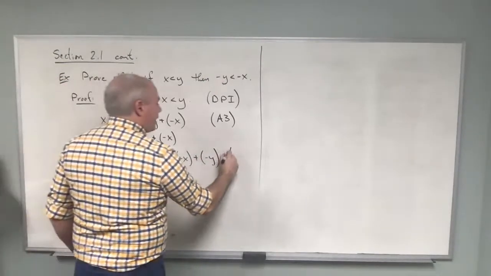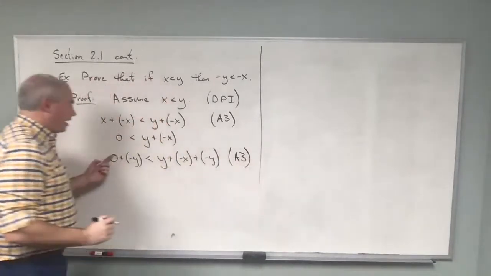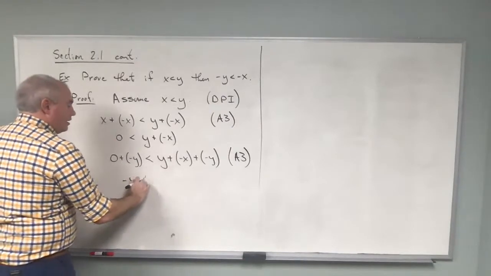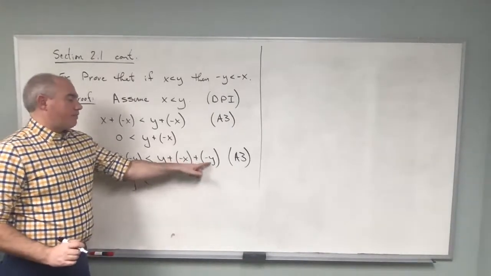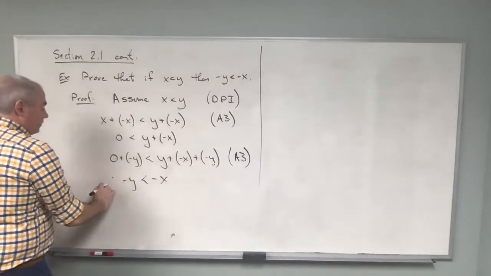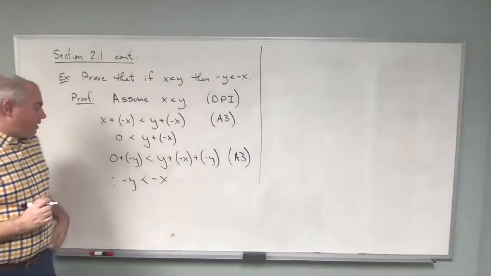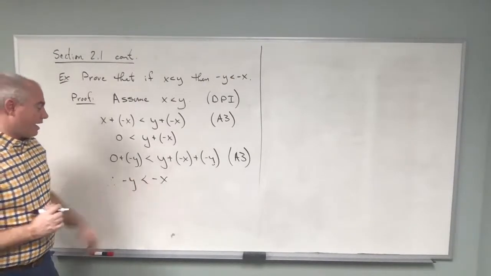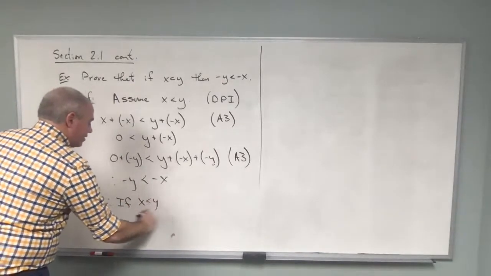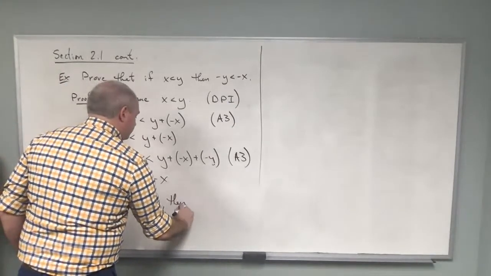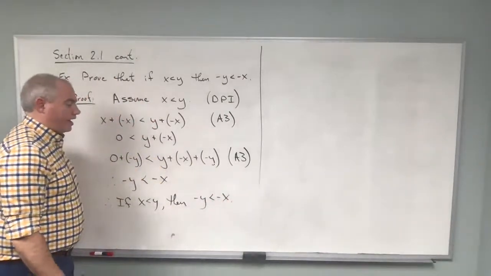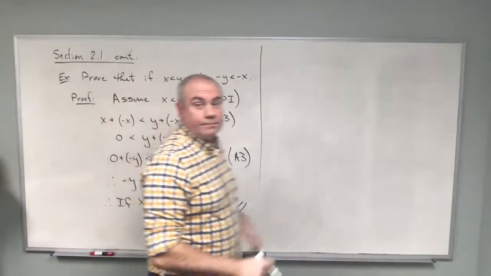And this is also by A3. So then when I combine both sides and do a little algebra, I get minus y on this side is less than, and y plus minus y is 0. So I just get minus x on this side. And that is what I wanted to find, is that negative y is less than minus x. And so I can say, therefore, if x is less than y, then negative y is less than negative x, and we're done.